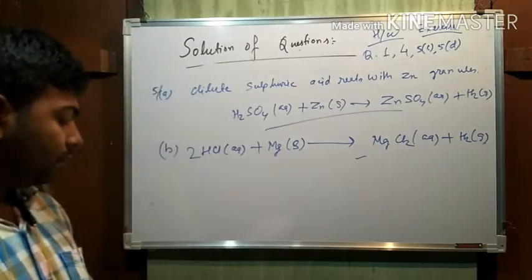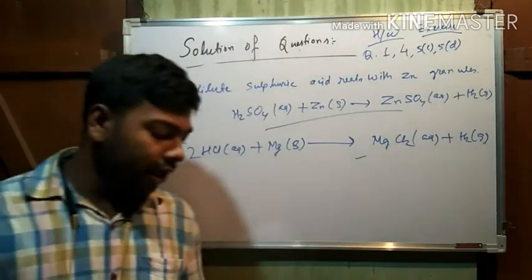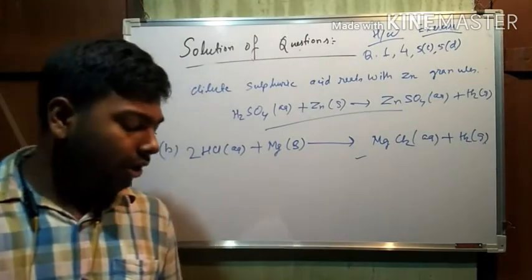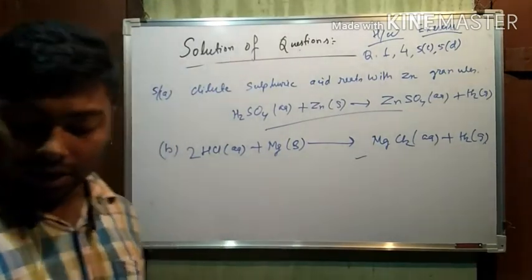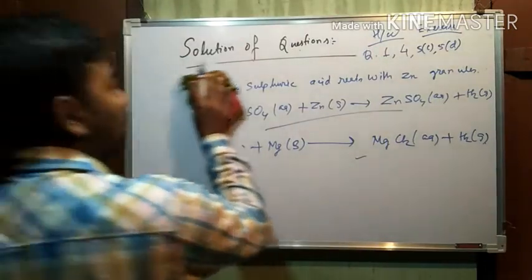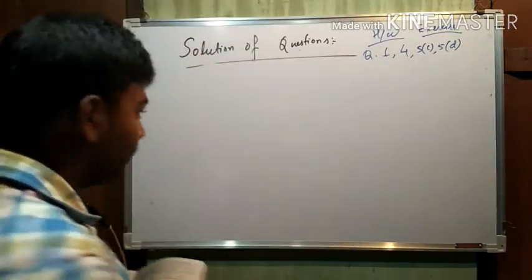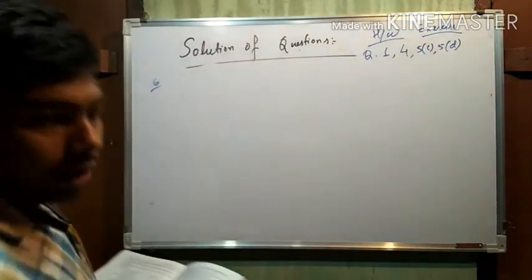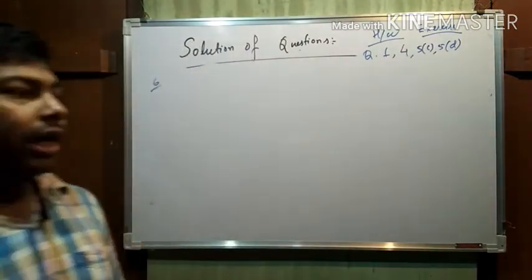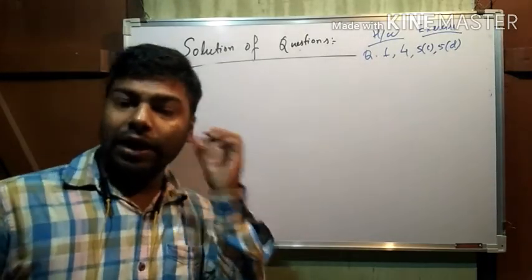Next question is, compounds such as alcohol and glucose also contain hydrogen, but are not categorized as acids. This is an important question, it may come in your exam. The meaning of the question is, both HCl and glucose have hydrogen. Though HCl is termed as an acid, glucose is not.